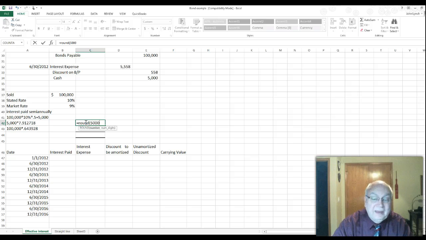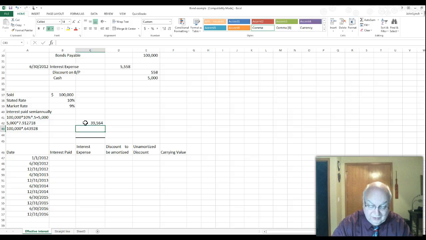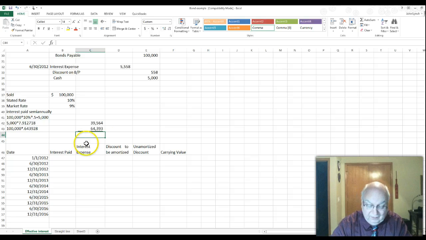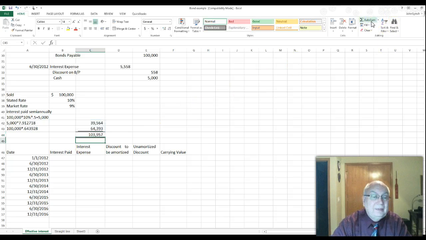The 5,000 times 7.912718, comma 0, and that should give us 39,564. And over here is equal to the round of the 100,000 times 0.643928, comma 0, and that gives you 64,397. Add those up and it gives you 103,957.